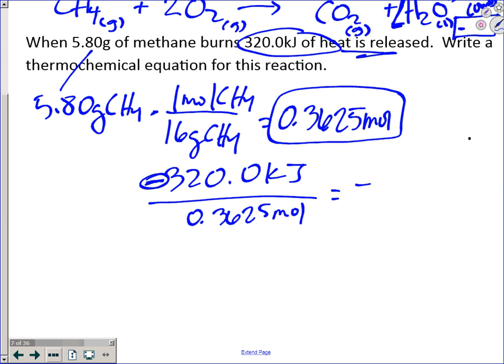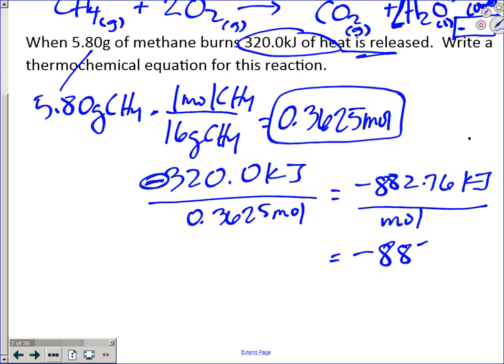Negative what? 0.76 kilojoules per mole. So negative 882.76 kilojoules per mole. How many sig figs do I need? Look back at the givens here. I heard 2, 3, and 4. Make a choice. It's 3 because of grams of methane, right? So grams of methane limits us to 3. So negative 883, right, kilojoules per mole.